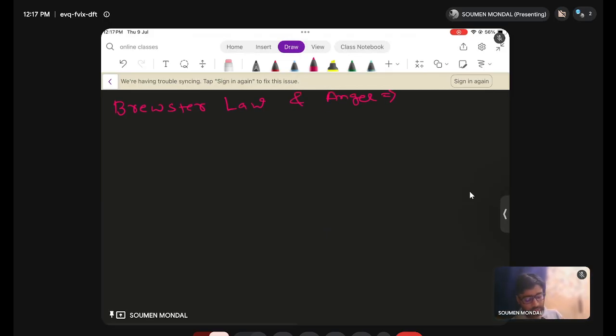It was known, and people before Brewster also observed, that when light is incident on some surface, after reflection the light ray becomes polarized either wholly or partially.